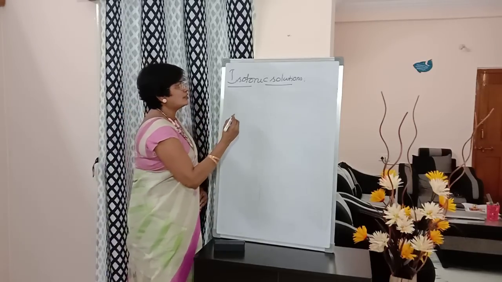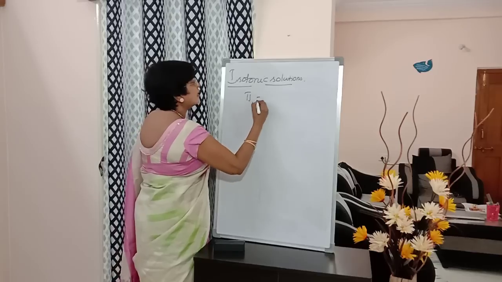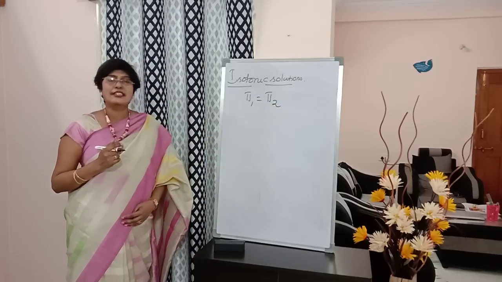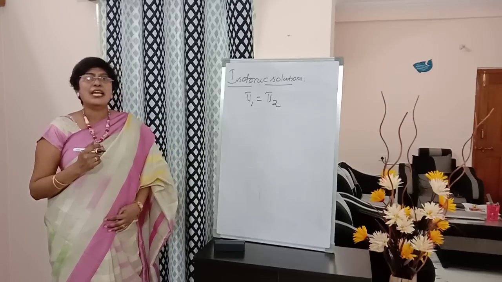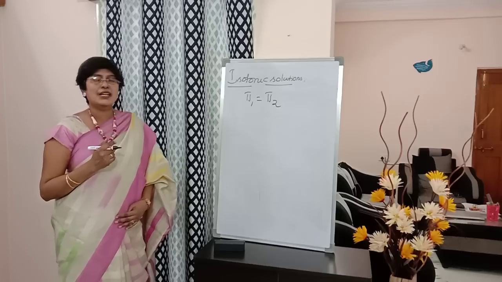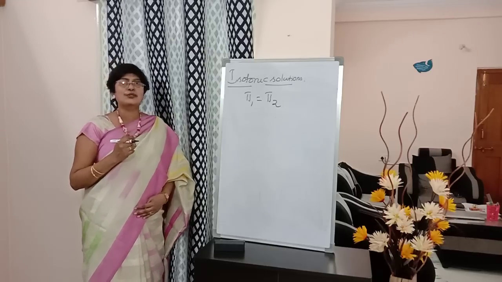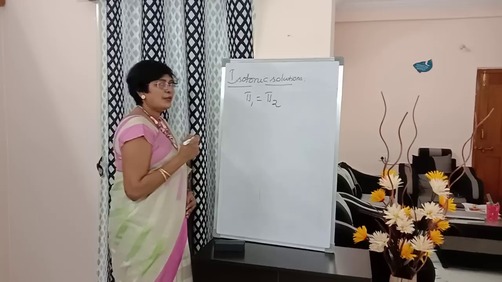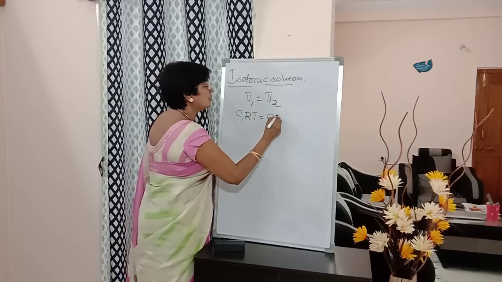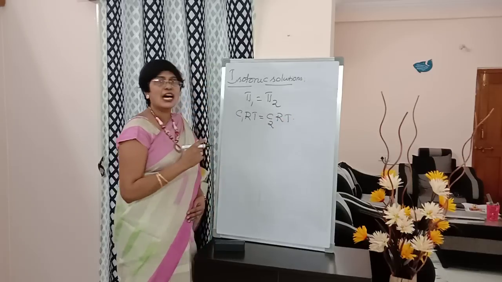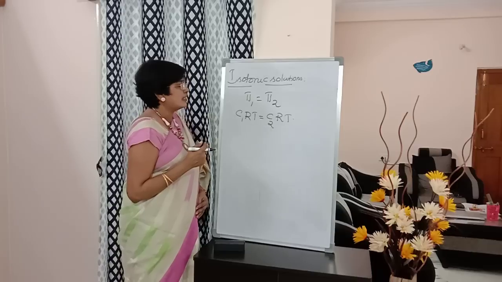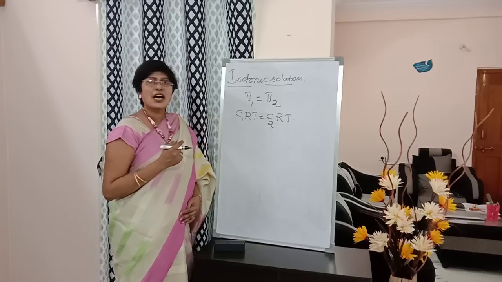For isotonic solutions, pi 1 is equal to pi 2. So below write down C1 RT is equal to C2 RT.